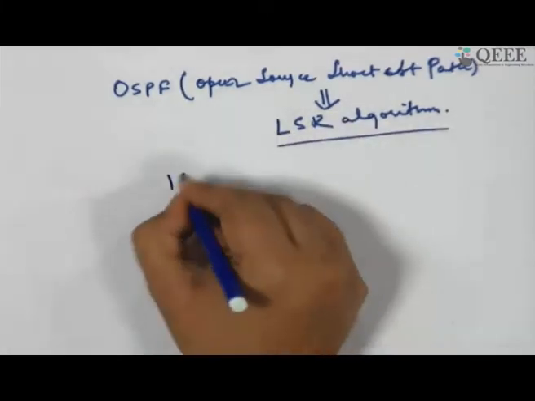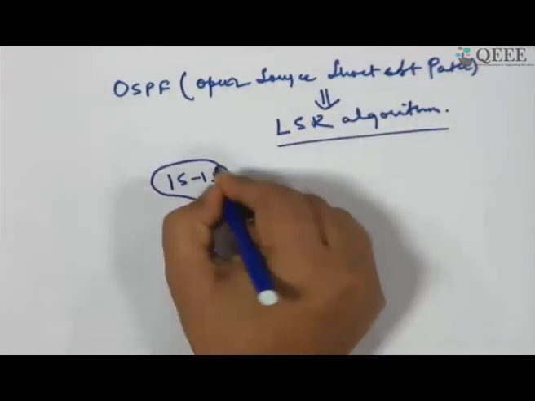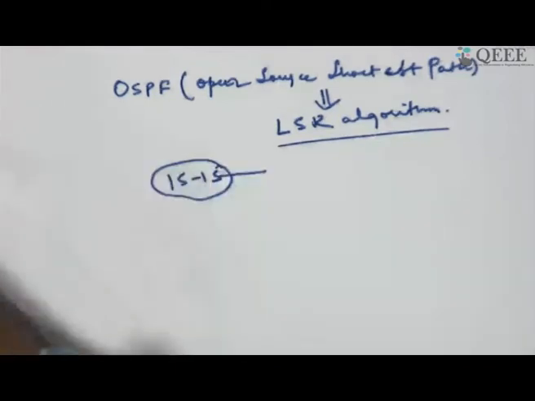Then you have ISIS, which is not so popular, but it supports multiple network layer protocols at the same time, such as IP, IPX, AppleTalk.